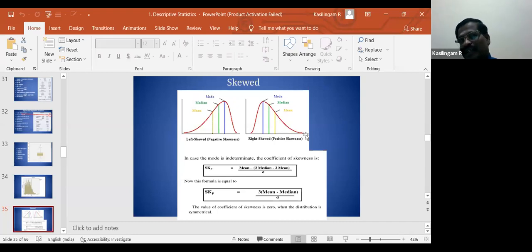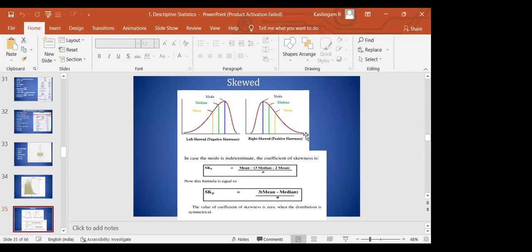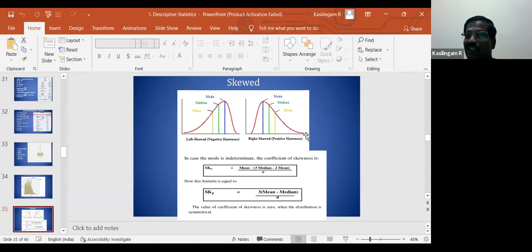In our case, the maximum age is 64, madam. What is the maximum age in our example? 64, yes, sir. What is the mean, madam? 31, 32 something, right? You have forgotten now? Very good.